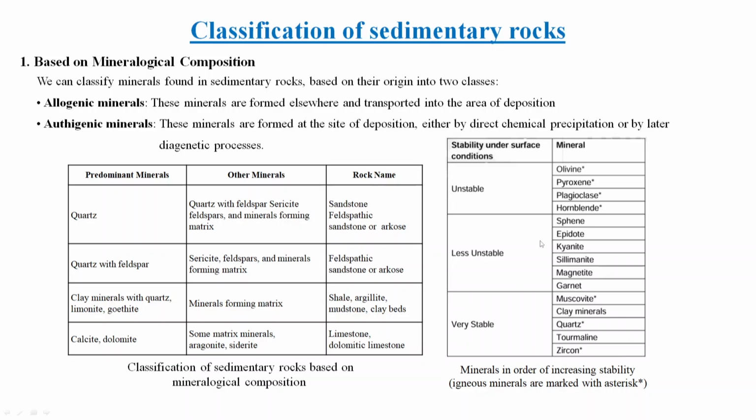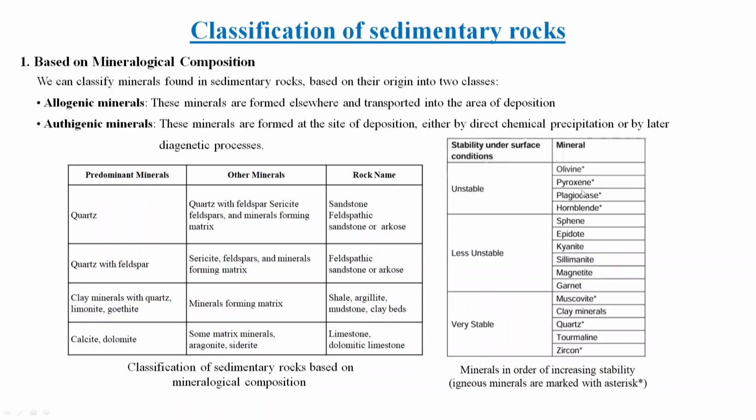Also, if I look at the minerals in order of increasing stability in sedimentary rocks, again think about the Bowen reaction series that I discussed when we discussed igneous rocks, where we looked at the order of crystallization. Following that order, you can relate this with the igneous silicate minerals, your ferromagnesian silicate minerals and non-ferromagnesian silicate minerals.